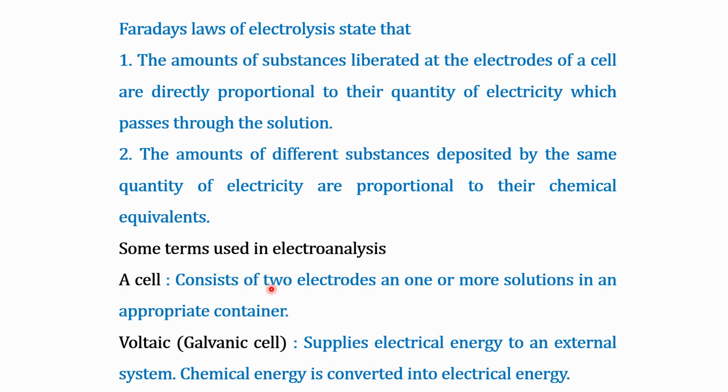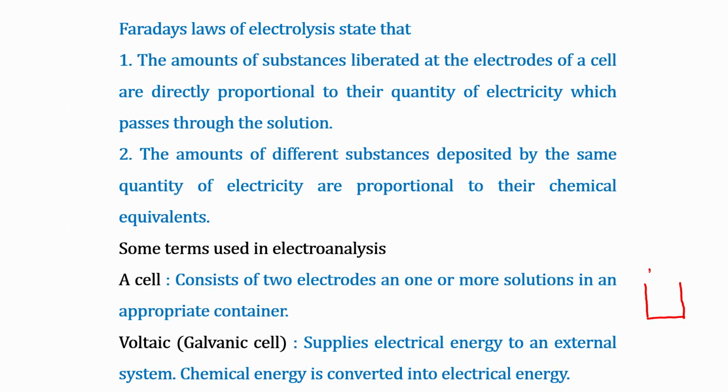So, there are certain technical terms used in electrochemical cells. What are those technical terms? You should be familiar with them. Here they are. So, a cell, we define what is a cell. A cell is nothing but a beaker, something like this. I have a glass beaker here.